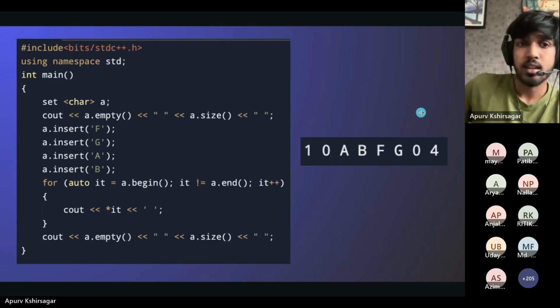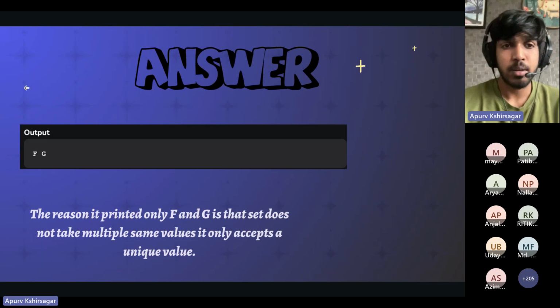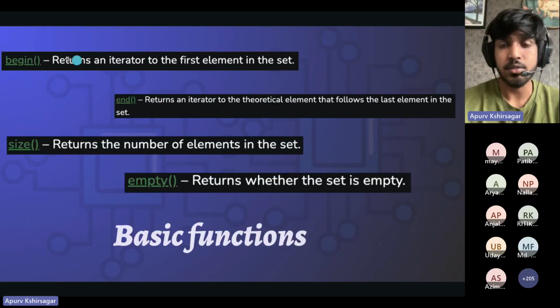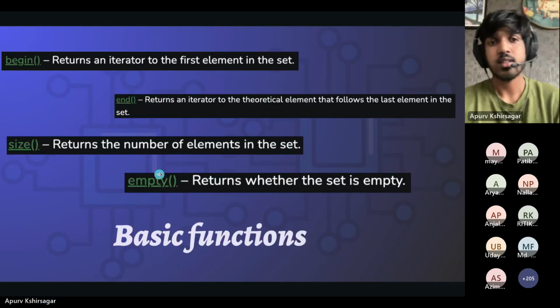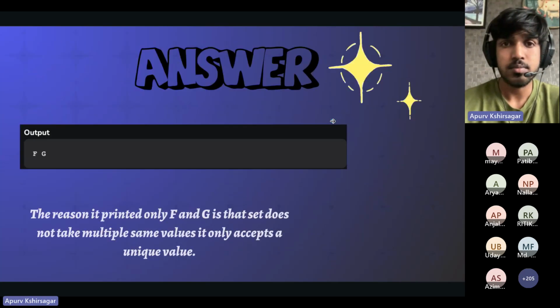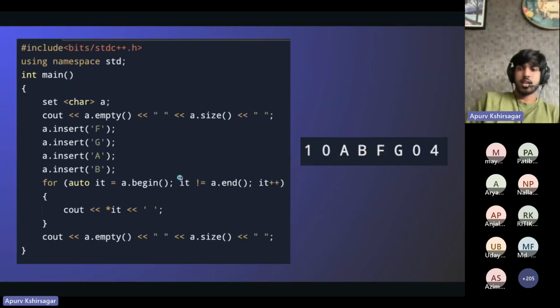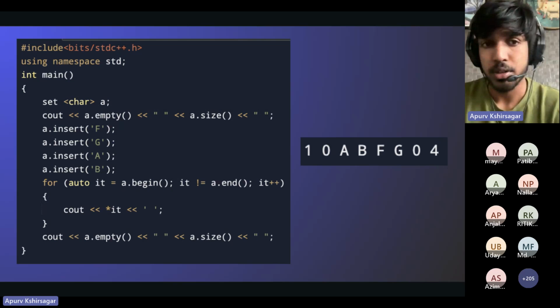Let's move on. As I have told you before, I'll be showing you the implementation of all these standard functions: begin, end, size, empty. This is the code, so let me explain how we got this output.